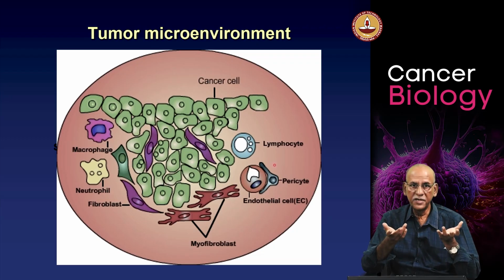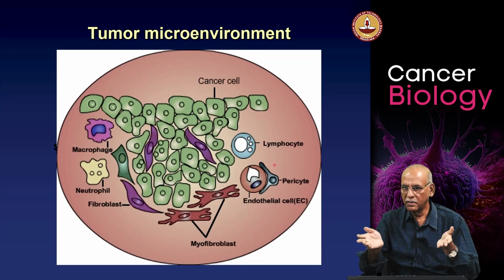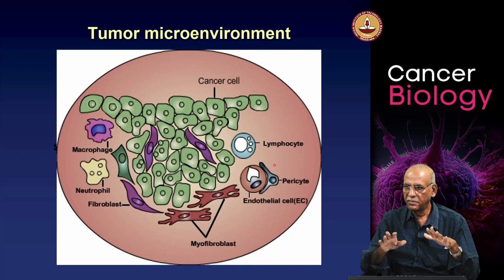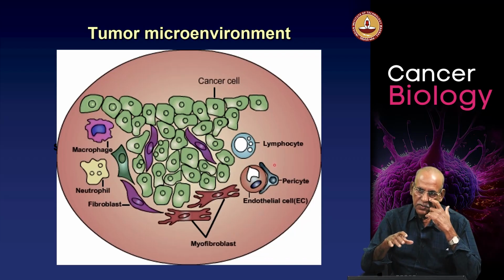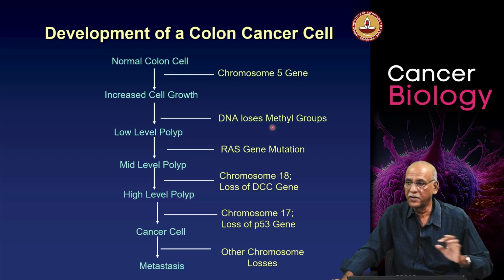Some of the progenitor cells, stem cells, these will ultimately influence the course that the normal cell has to take, whether it has to develop into a cancer cell or need not develop into a cancer cell, stuck up there, be dormant. So, this is all decided by this microenvironment. It is a very important thing.